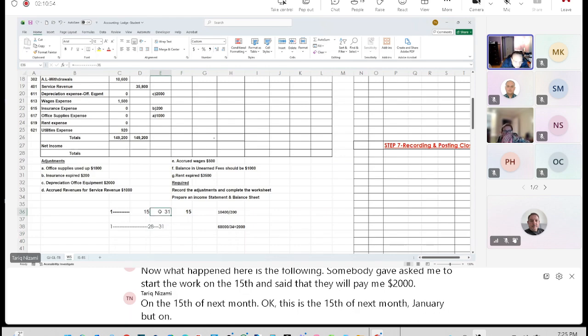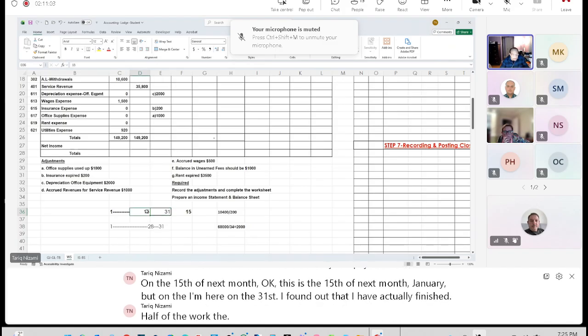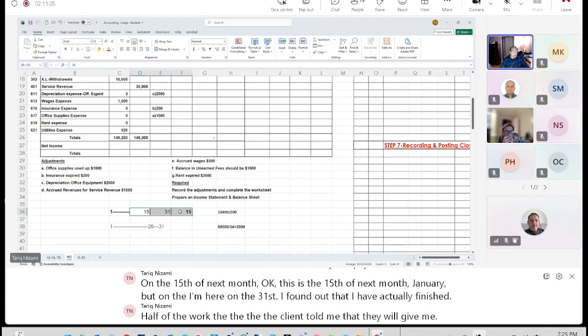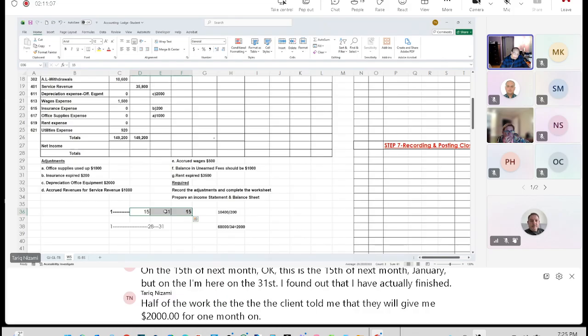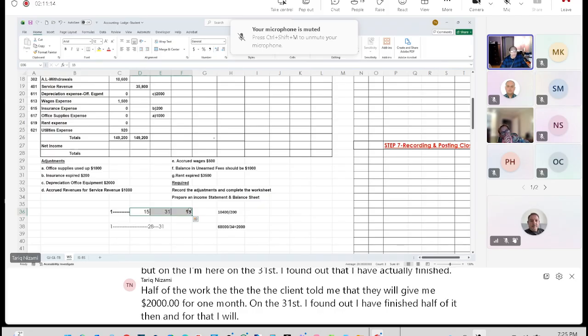But here on the 31st, I found out that I have finished half of the work. The client told me they will give me $2,000 for one month. On the 31st, I have finished half of it, and for that I will receive the money later.